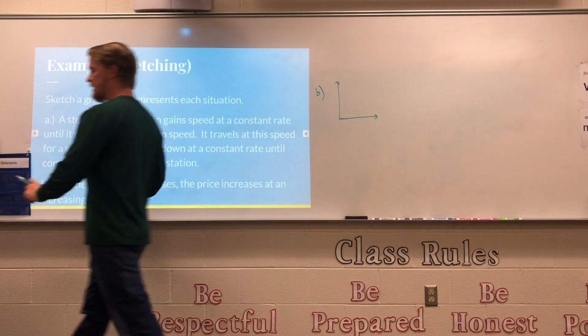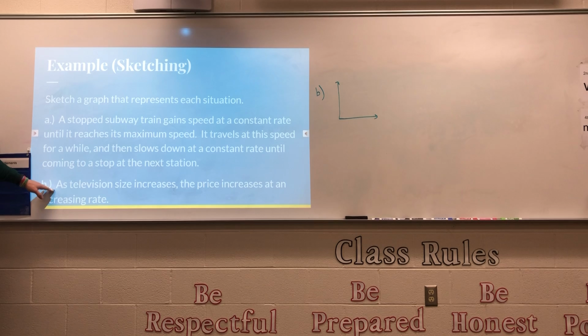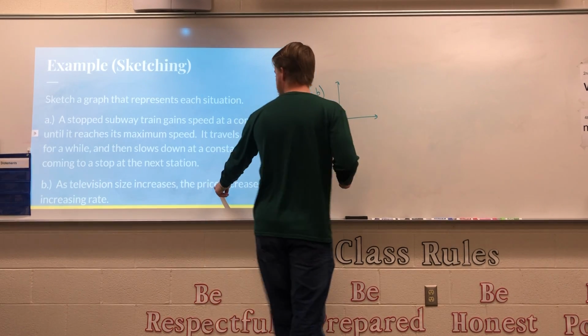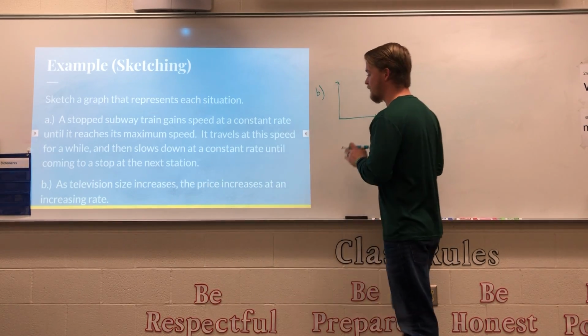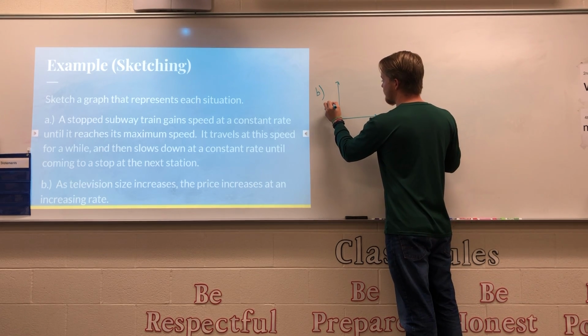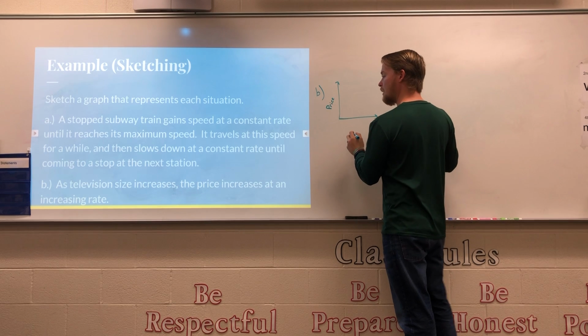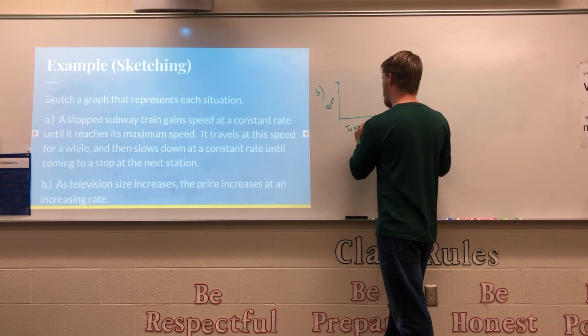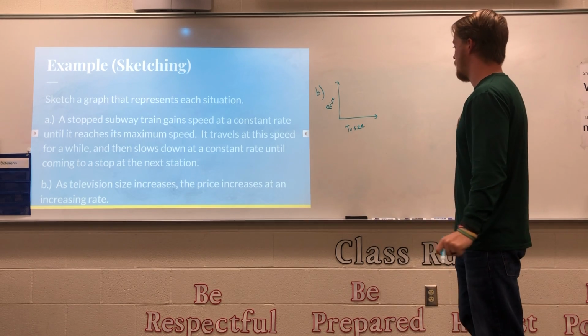First of all, if it says as television size increases, the price increases, that means that the price depends on the television size. So if the price is your dependent variable, it is your y-axis. So that means TV size would be your x-axis.